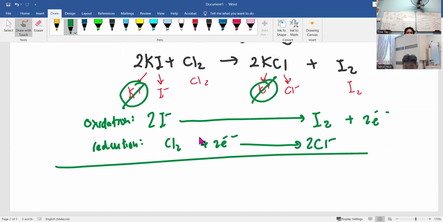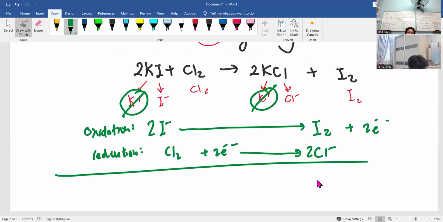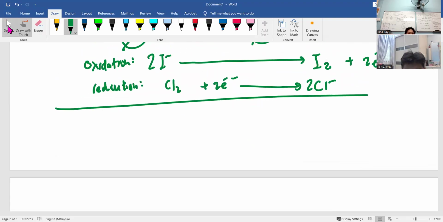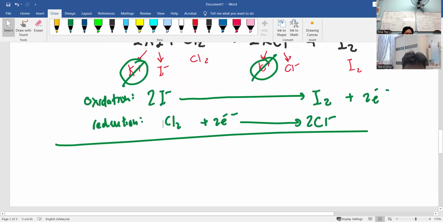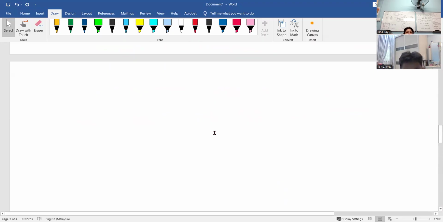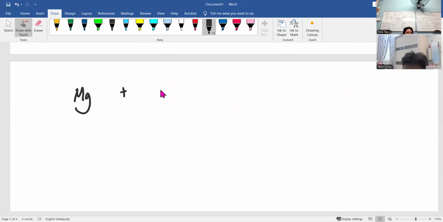You write this down already? Okay, I continue. I'm going to give you a few more. So based on electron transfer, I want you to write down the half equations. Do you understand what I want now?